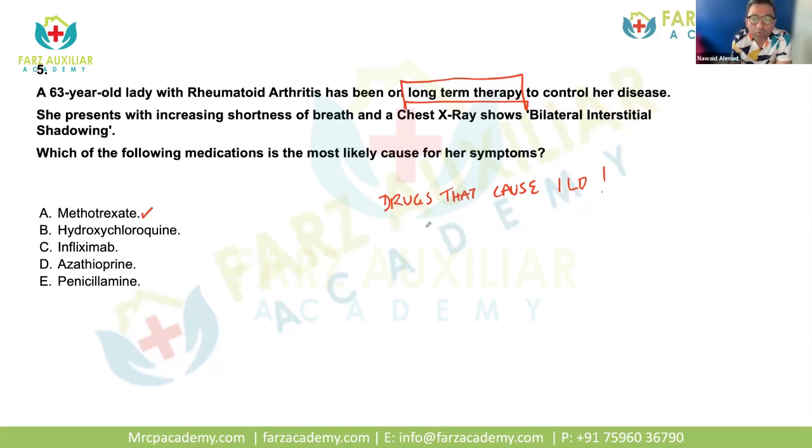But the other drugs could be bleomycin, nitrofurantoin. Sometimes you can have it with metformin as well, and of course, methotrexate.